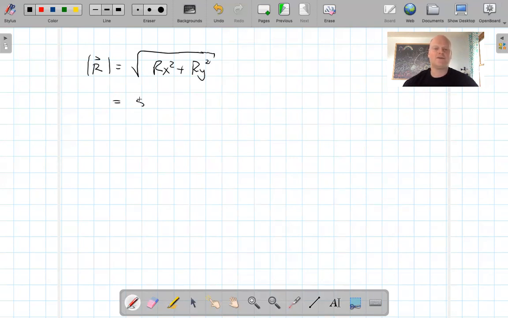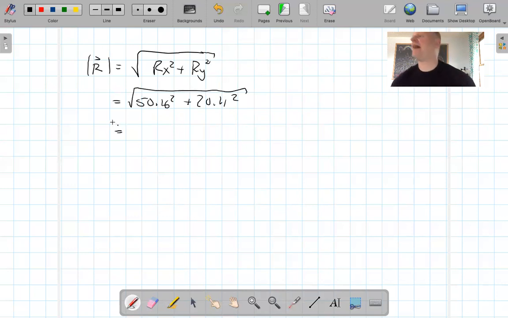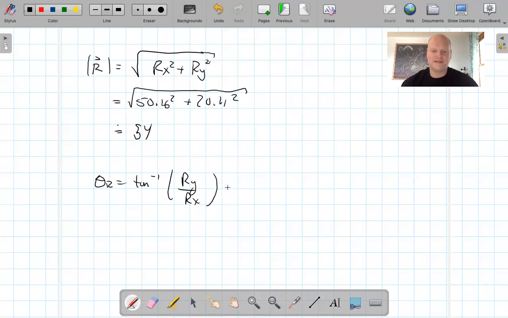So it's equal to 50.16 quantity squared plus 20.11 squared, square rooted, which means the magnitude works out to be about 54. And then the angle theta R is equal to the inverse tangent of Ry divided by Rx. So this is equal to the inverse tangent of 20.11 divided by 50.